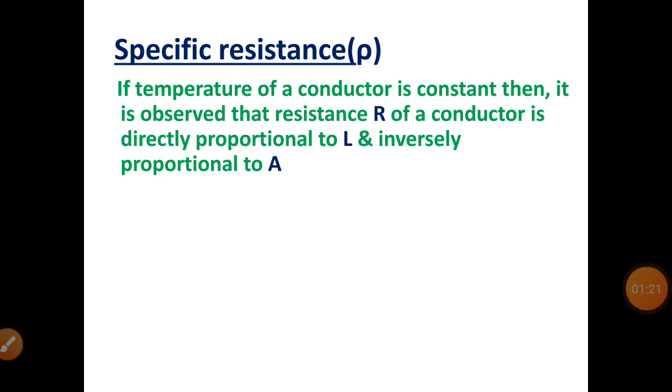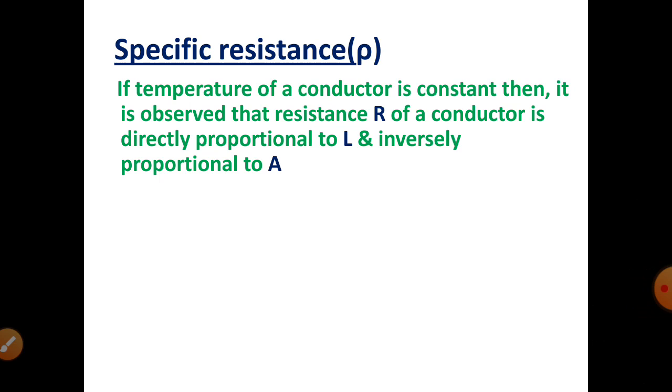Then we saw that, temperature of a conductor remaining constant, the resistance R of the conductor is directly proportional to its length L and inversely proportional to its area of cross section A. We saw specific resistance as the resistance of a conductor of unit length and unit cross-sectional area.